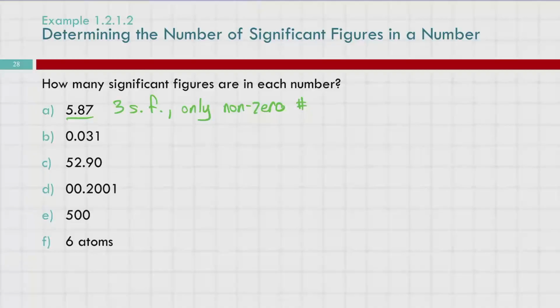B, we've got 0.031. How many significant figures do we have for this one? It's 2, because we've got 2 non-zero numbers, and the leading zero's not significant. We still need those leading zeros there, but they are not counted as significant figures.